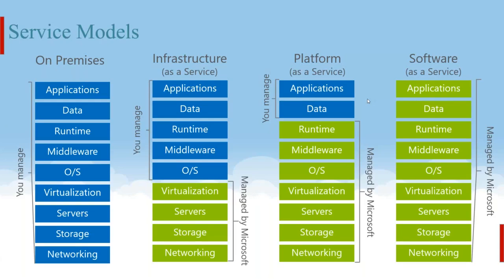When you go to infrastructure as a service, networking, storage, servers, and virtualization will be maintained by your cloud provider. On top of that, you can decide which operating system and which application you want to deploy. That will be maintained by us.